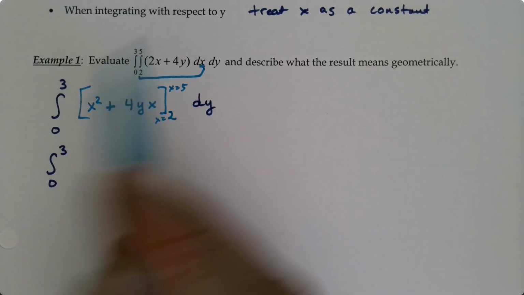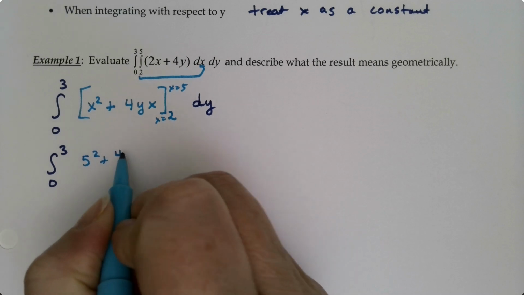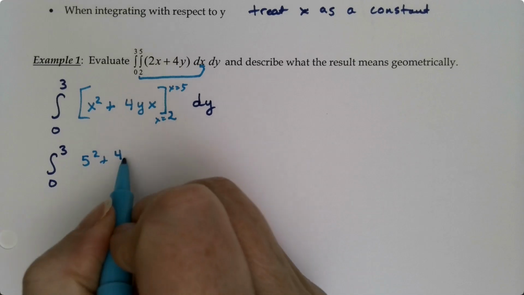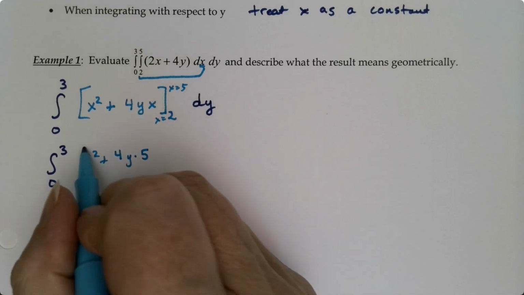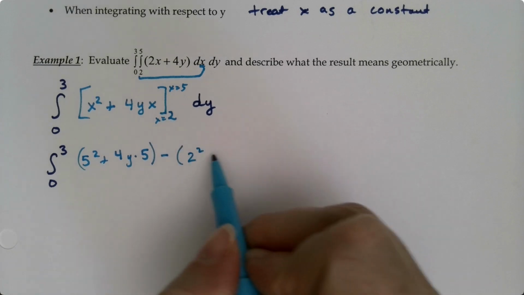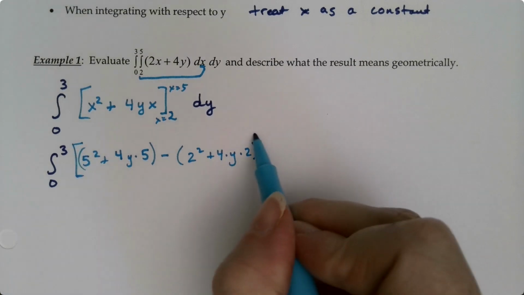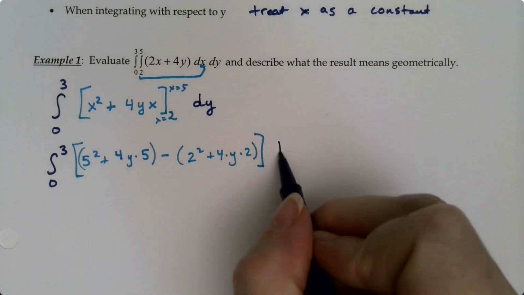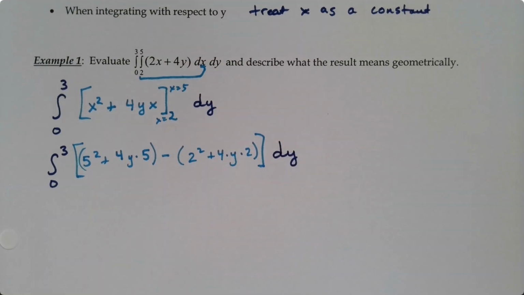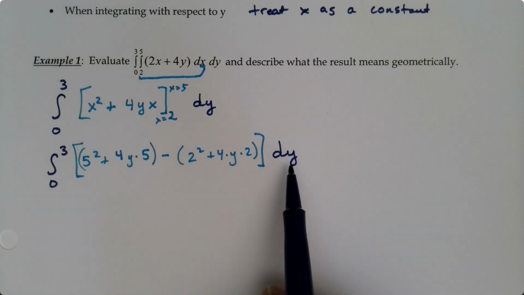So this would be 5 squared plus 4 times y times 5, minus 2 squared plus 4 times y times 2. Right, so all of that is inside, and we still haven't done the integral with respect to y. So the integral sign stays here, and the dy stays back there.